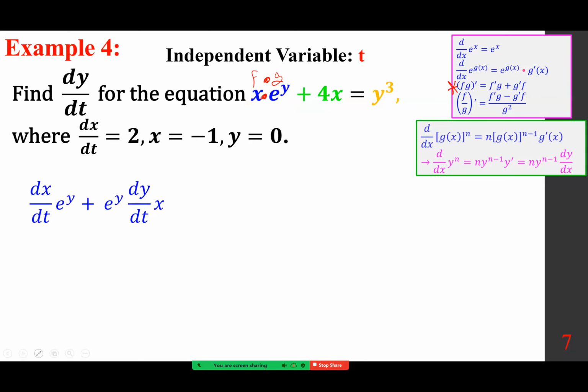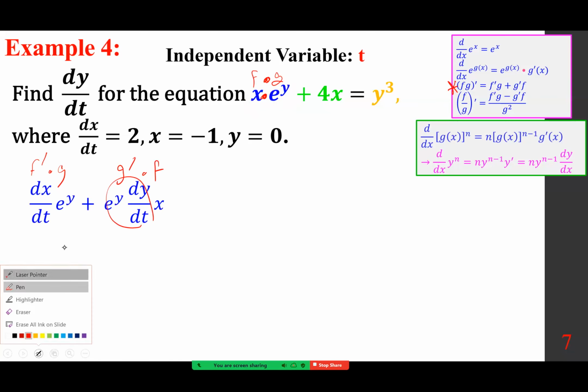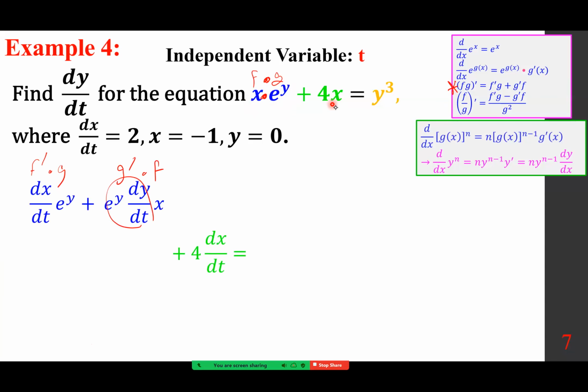And then we have 4x, 4 dx dt, and y cubed, 3y squared dy dt.